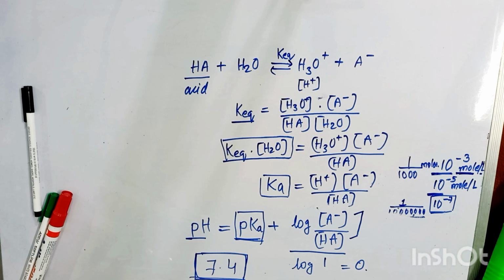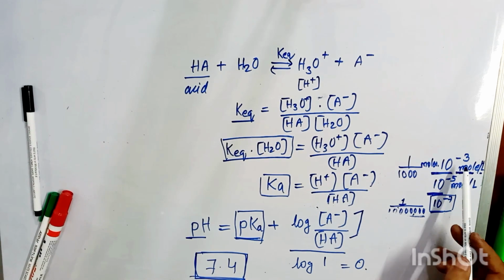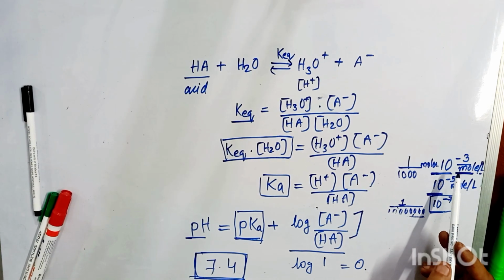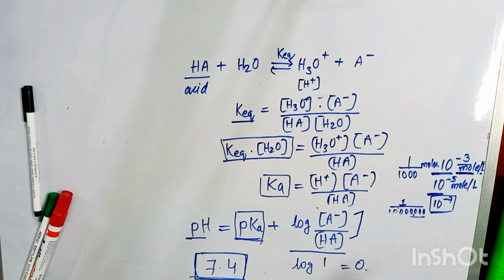An acid which has a high pKa value, 10 to the power minus 3 or a pH of 3, will not be of much use to us, because at that pH all our fluids would have changed.